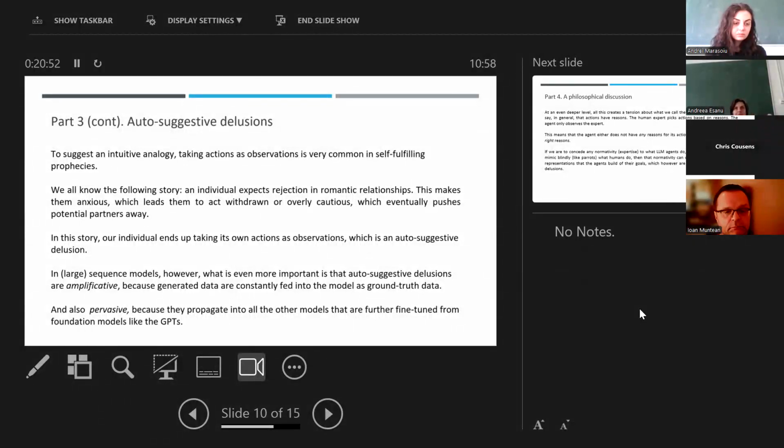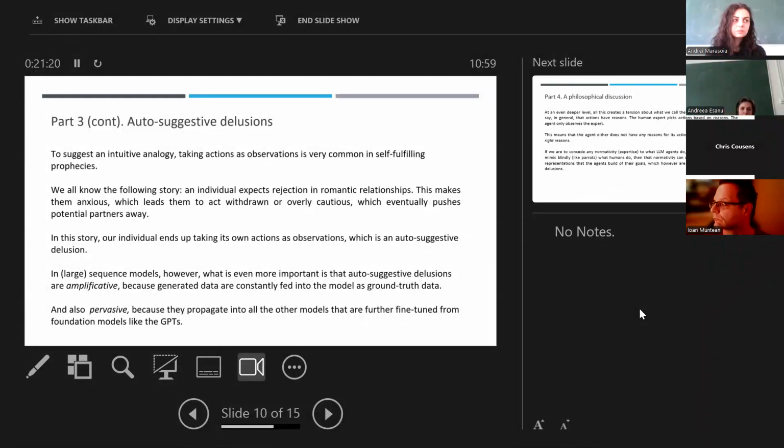So, turning back to our discussion, in large sequence models, what is even more important is that the auto-suggestive delusions, as I said, are amplificative, because generated data are constantly fed into the model as ground truth data, as the model continuously updates the state of the environment.